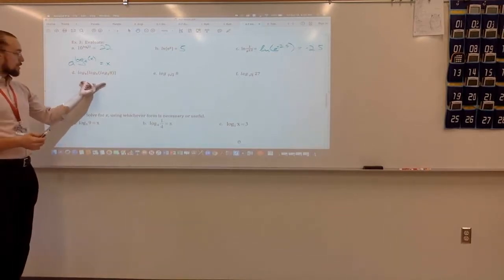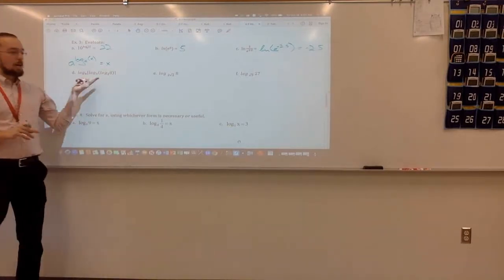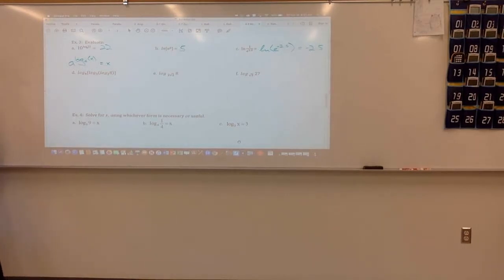Okay. How about something like this, where we've got a log of a log of a log? How would I do something like this? We're not just going to guess random numbers.